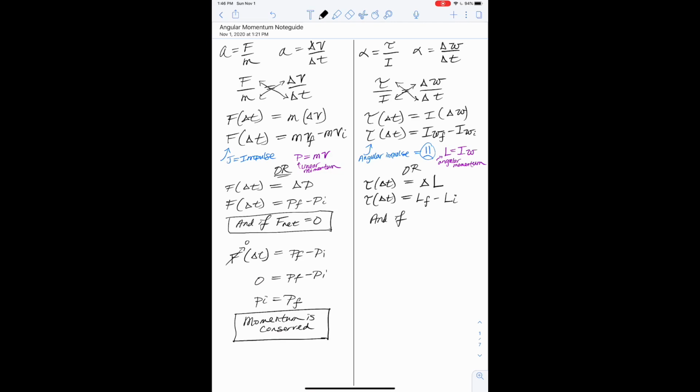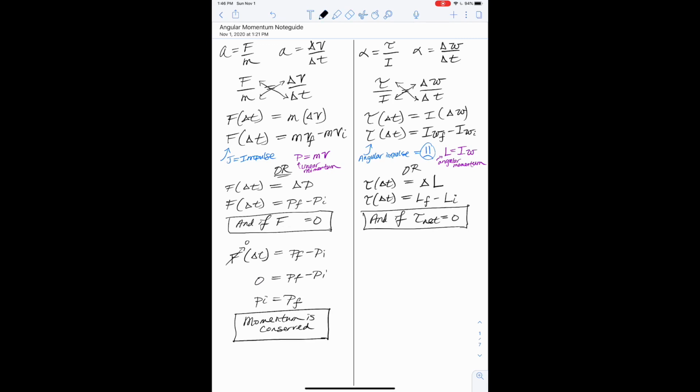And now instead of saying if F net equals 0, we can say if torque net equals 0. So if there's no external torques, right? And maybe I should say that instead, because I think by saying net, it's kind of the wrong idea.